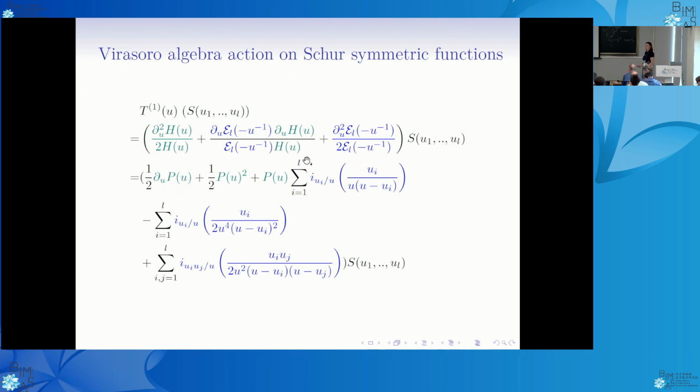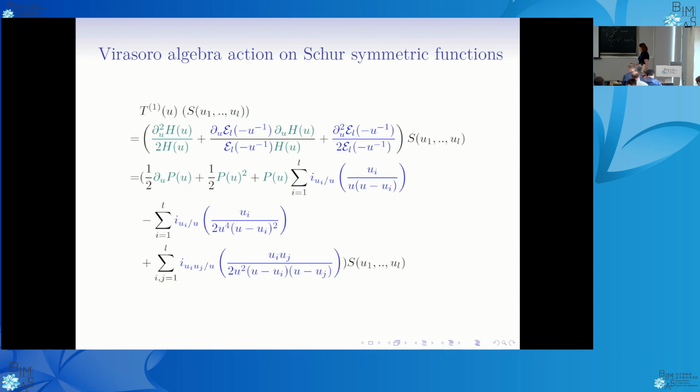This is usually done by the Pieri rule, and maybe it has to be applied a few times. I do not claim that computing coefficient by coefficient would be useful for applications in enumerative geometry, but it's another way to compute how the Virasoro algebra acts on Schur symmetric functions. It's one of the ways to describe this.